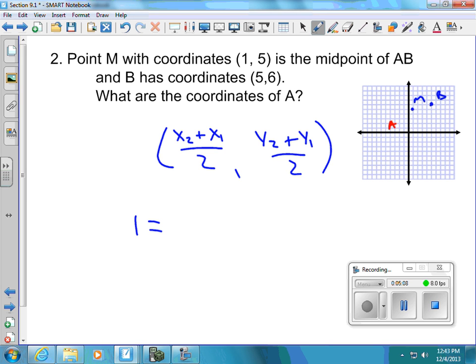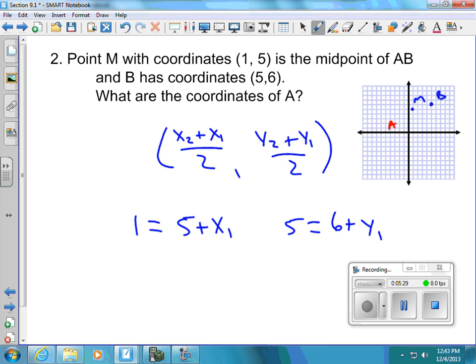So 1 has to equal 5 plus some x1 coordinate. And we know that the y-coordinate of the midpoint is 5. So 5 has to equal 6 plus some y-coordinate.